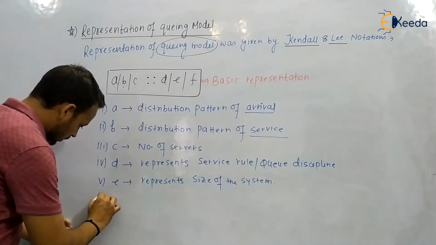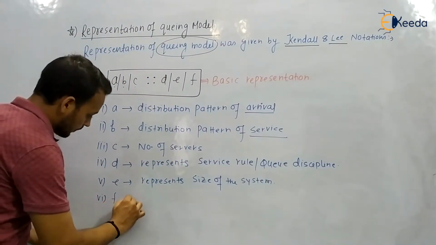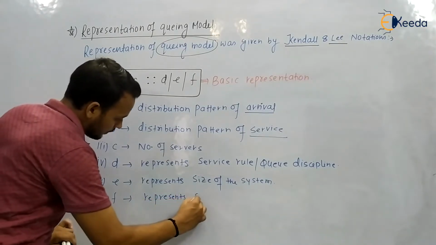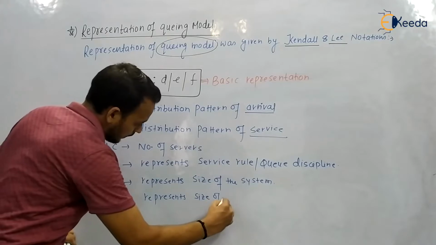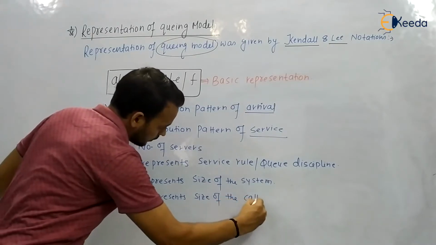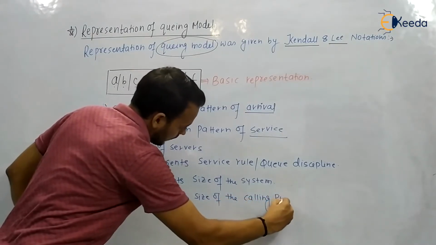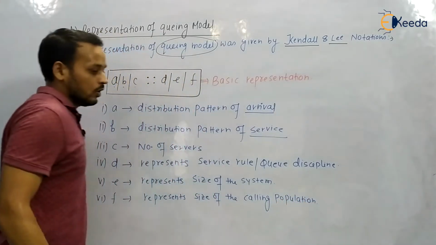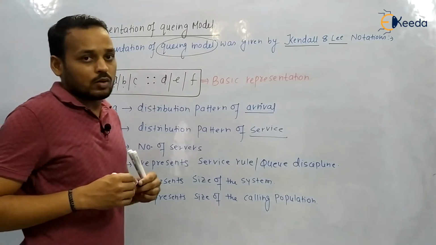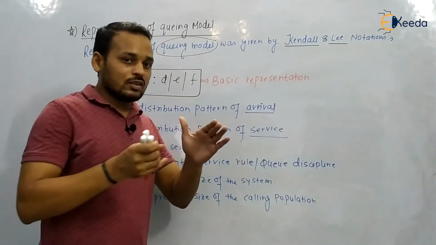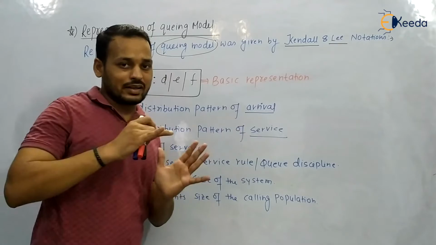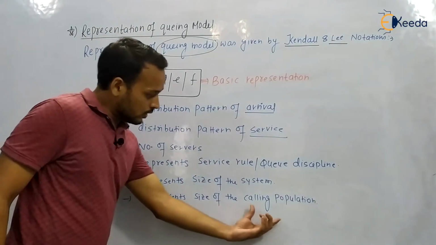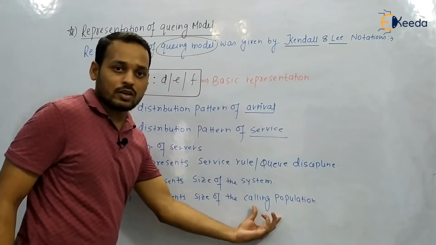And this sixth one, that is last, that is F. This F represents the size of the calling population. Okay, you know that the population model was of two kinds. One was the finite population model and the second one was the infinite population model. So we know that the calling population size can be finite or infinite.